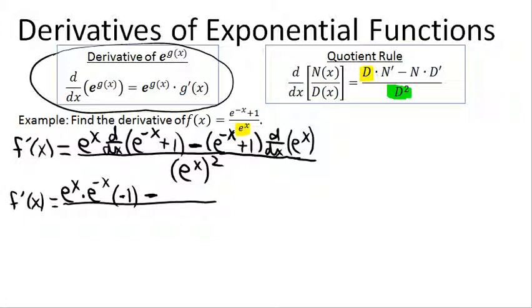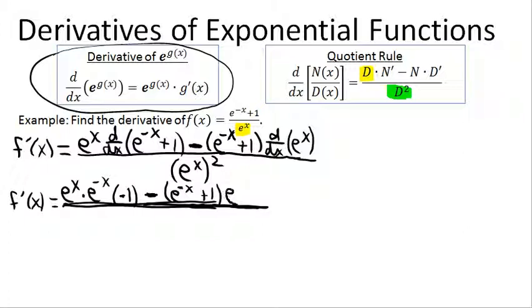Continuing, we have this minus sign here, minus. Now we've got e to the minus x plus 1 quantity multiplied by the derivative of e to the x.